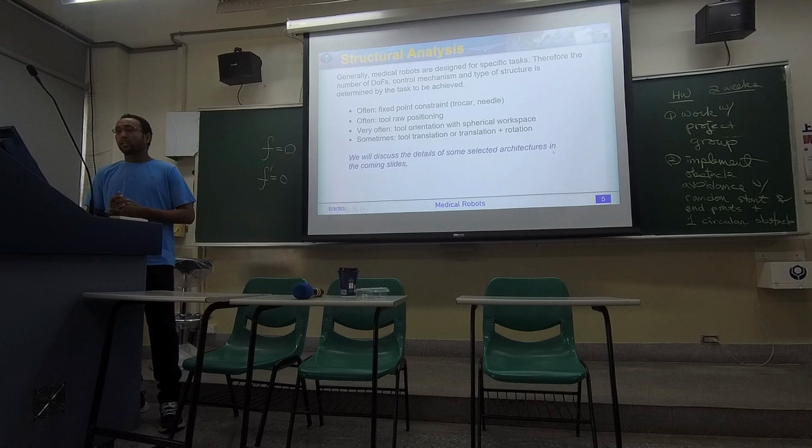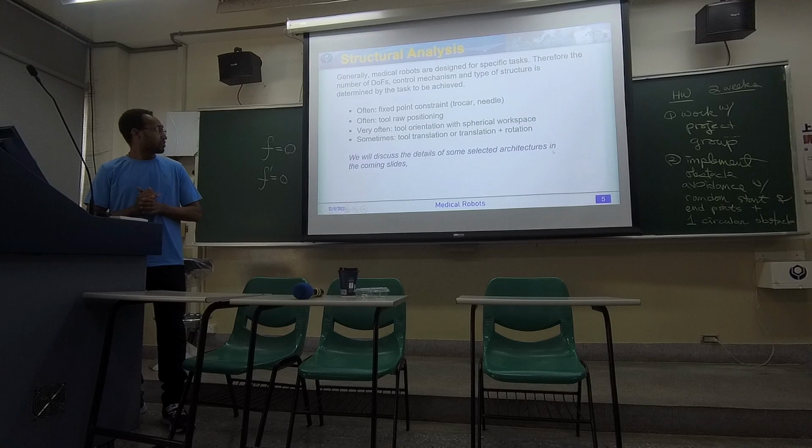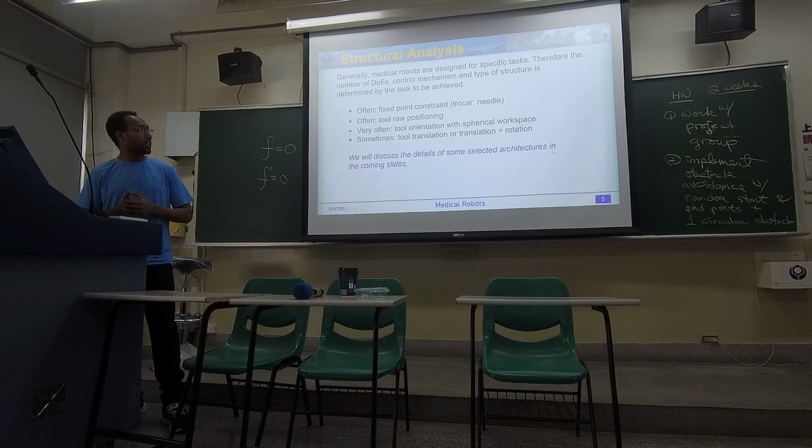Next, the structural analysis. Generally, medical robots are designed for specific tasks. Therefore, the number of degrees of freedom, control mechanisms, and the type of structure will be determined by the task to be achieved. So often fixed point constraints for the trocar and the needle will be found, and tool roll positioning we may find in some OP procedures.